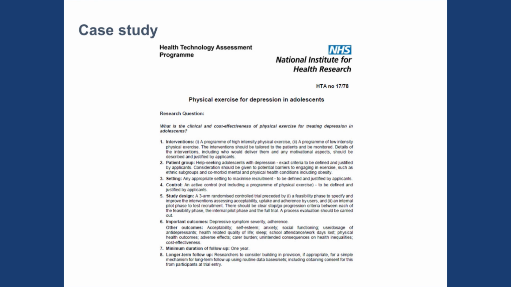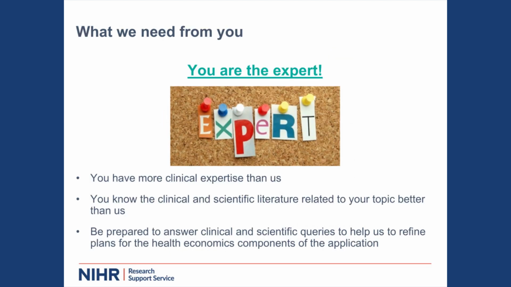We're going to assume that you're designing the economic evaluation alongside this. I'll use this as a case study and example, but a lot of the points will be transferable to other types of health economics study. So we're going to build up what the health economics sections of our grant application might look like for this. But just like Natalia, the first thing I'm going to do is ask you lots of questions.